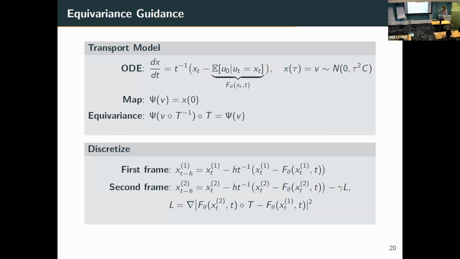Because I've made the assumption that if I deform my current frame, I get the next one, then this will be the next one, and this will be the previous one, right? So I can match them up. Okay, and it turns out that if you just do this and you apply this gradient term, this actually works nicely.